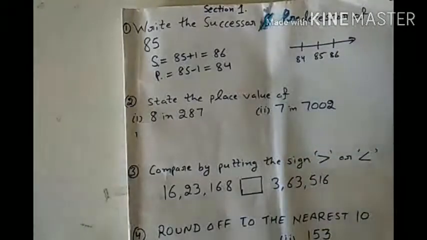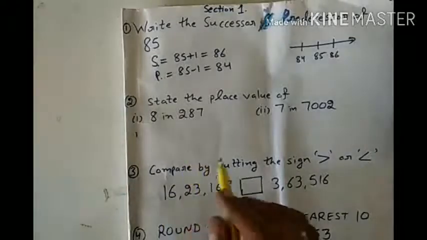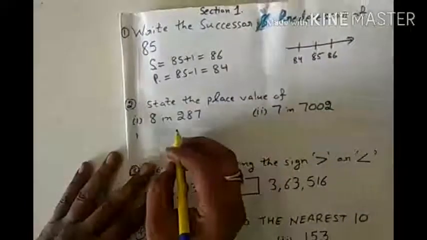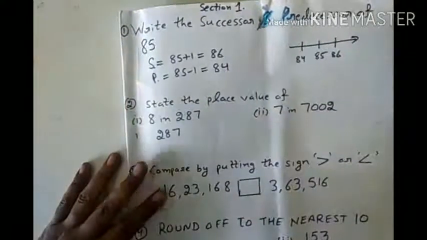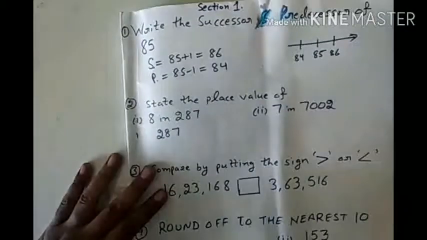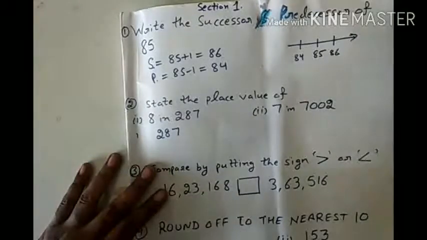Now what is the place value? Place value depends upon the position of the digit in the given number. So firstly, the given numeral is 287 and we have to find the place value of 8.